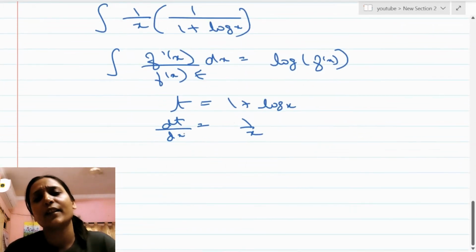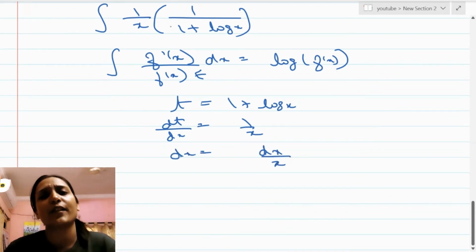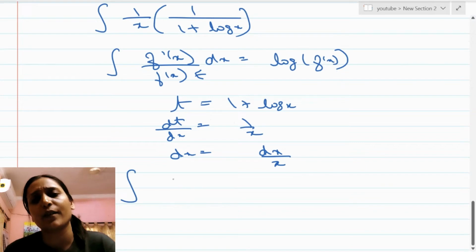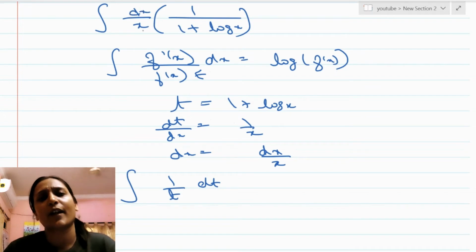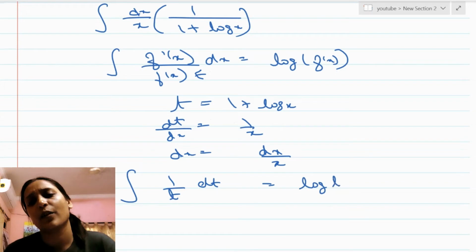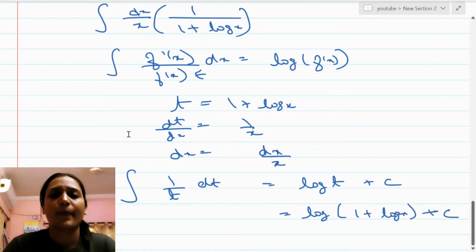So you can write dt as dx by x, and when we substitute all the values, we're getting 1 by t dt, because this is dx by x. The integral of 1 by t is nothing but log t plus c, and t is 1 plus log x. So your final answer would be log of 1 plus log x plus c.